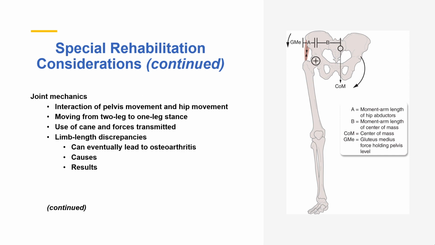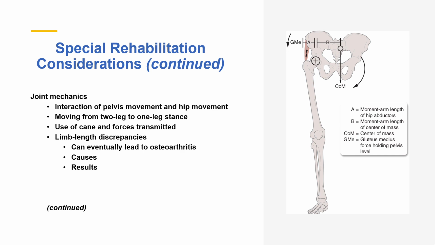Now, this can have long-term implications for the development of osteoarthritis, particularly in the side of the hip that has the longer limb. So when there is that leg length discrepancy, osteoarthritis can present.